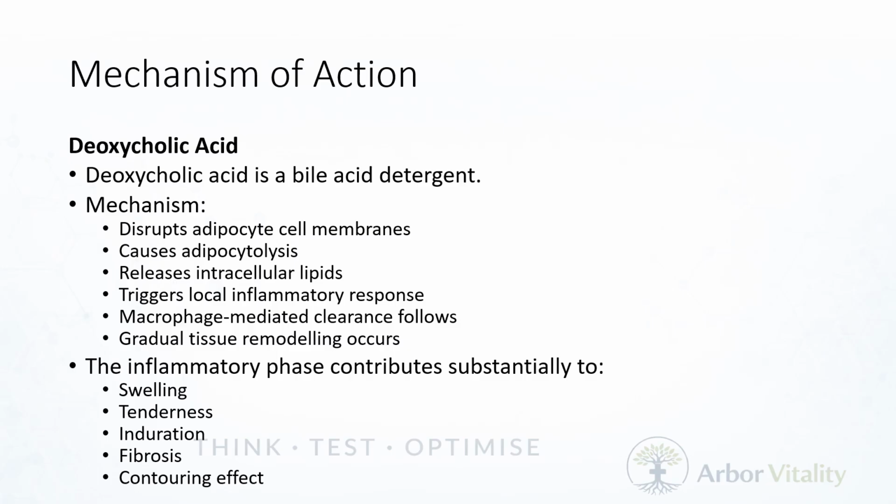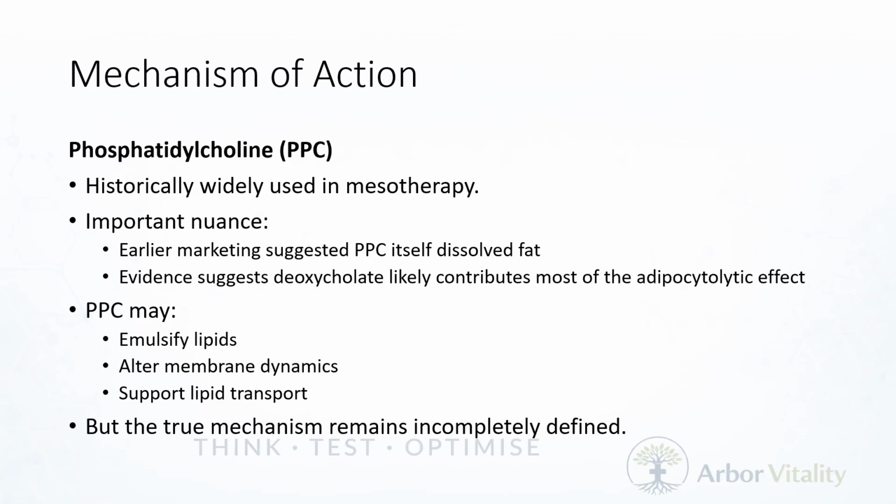The cytolysis, i.e. the cell death of the adipocyte, releases the lipids and everything else inside the cell, which then triggers an inflammatory response, which then gets wiped up by your macrophages, and then you get tissue remodeling. One of the most common side effects of a deoxycholic acid injection is swelling and tenderness, and occasionally it can also lead to fibrosis.